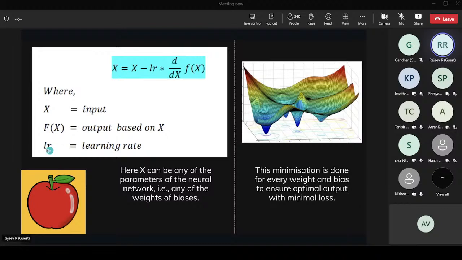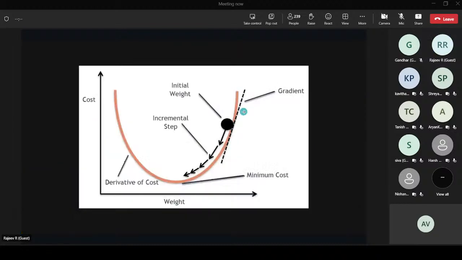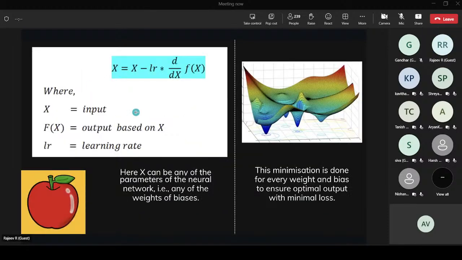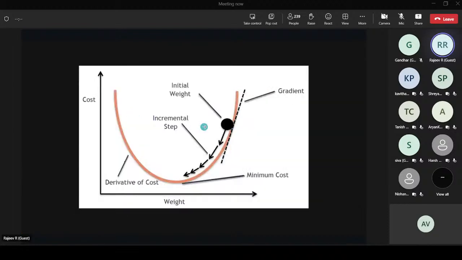So LR is your learning rate, f(x) is your output, or your loss function, where x is basically any variable that you're considering at your time of computation. So this is your gradient descent formula. This is just my photo where I tried to explain why the change happens at a certain point.